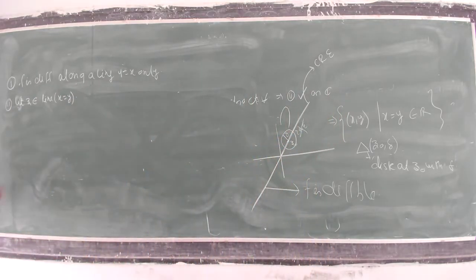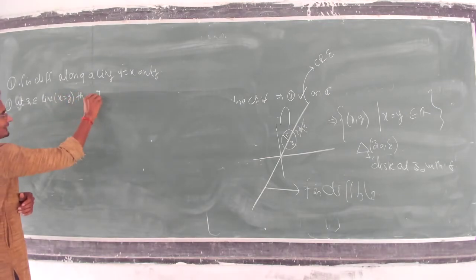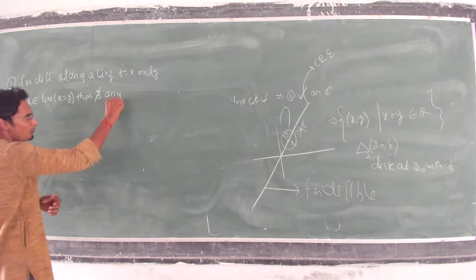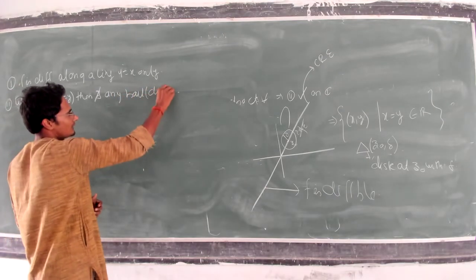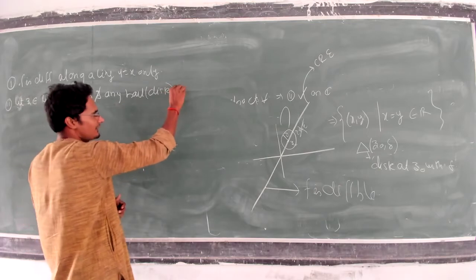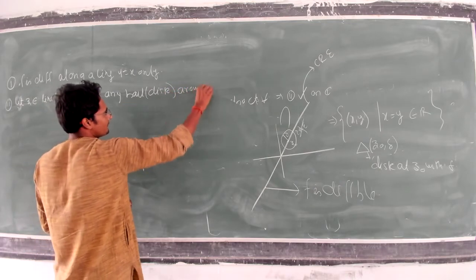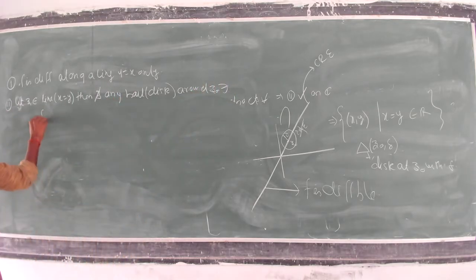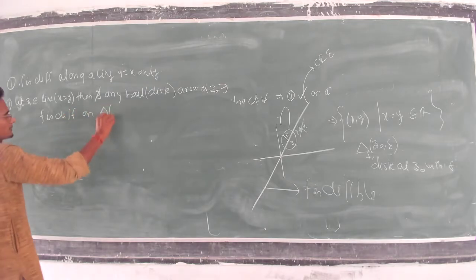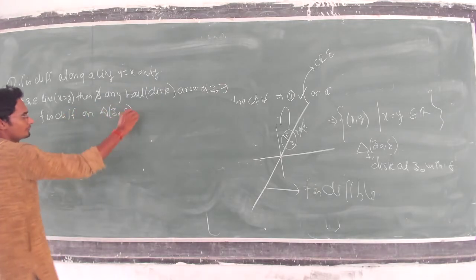So what I am telling is, let z naught belong to the line y equal to x, then there does not exist any ball or disk around z naught such that f is differentiable on this.